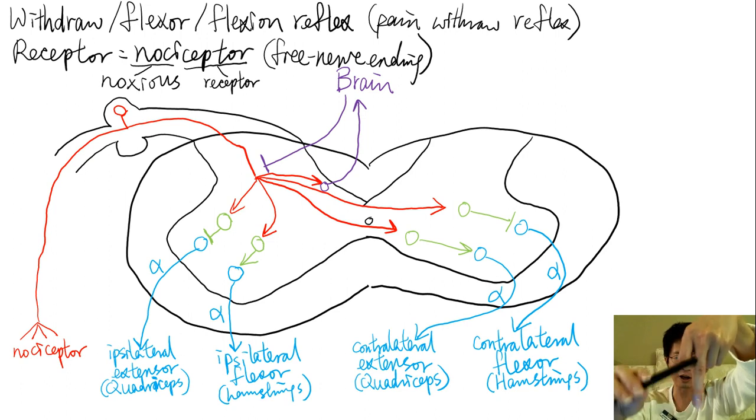When the quadricep contracts and the hamstring relaxes, this uninjured leg is straightened or extended, then it can support your entire body so that you will keep standing up. Okay? In other words, it is for you to balance your body, balance your center of mass.